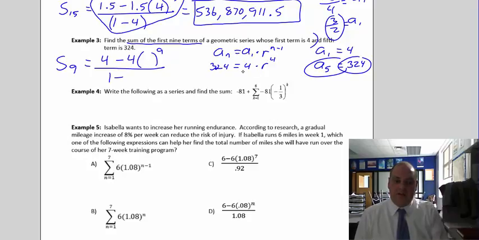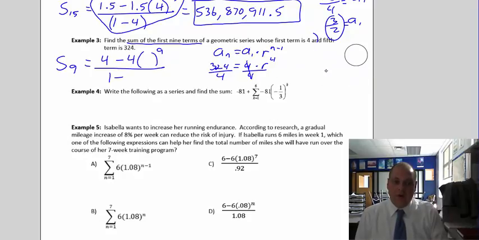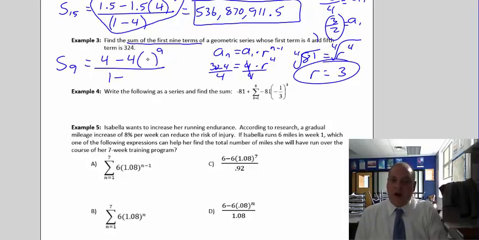All right, so it's going to be divided by 4. And then 324 divided by 4 is 81. So this ends up being 81 equals r to the fourth. And then we're going to do the fourth root. So r is 3. And we needed r. R is 3. There it is.